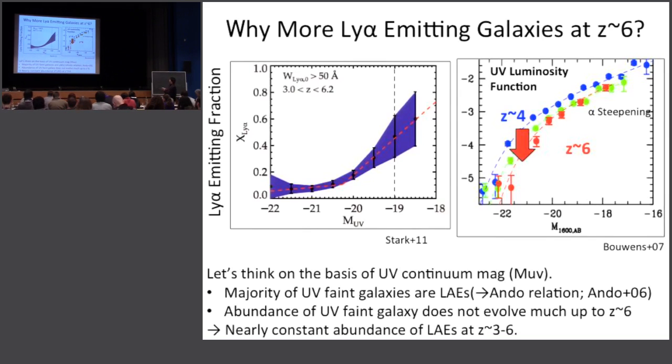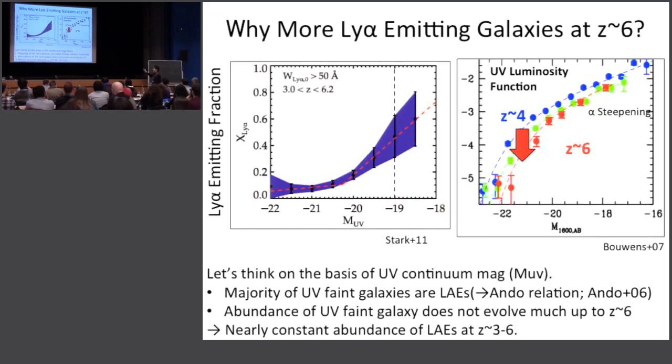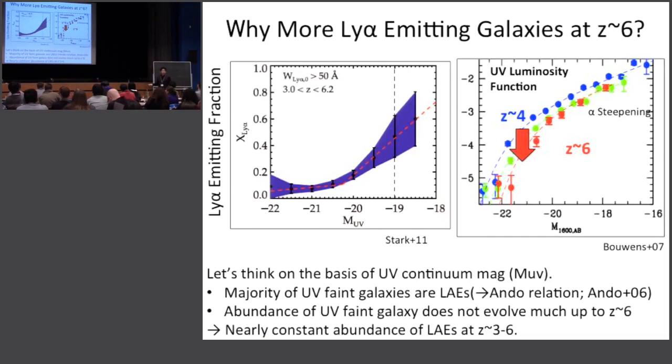In this way, you can understand why you have more Lyman-alpha emitters. So in other words, at high z, the intrinsically faint, continuum faint, Lyman-alpha emitting population remains. That's the early epoch, so it appears first. Then the bright population with no Lyman-alpha emission appears at redshift 3 or so.